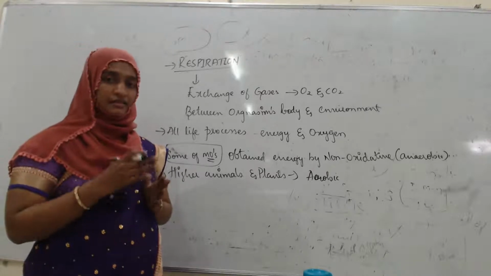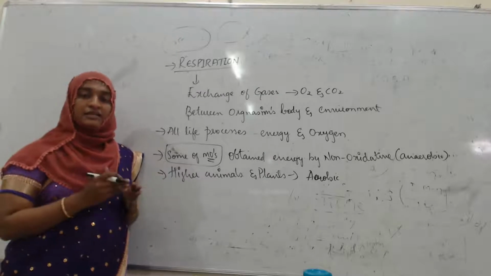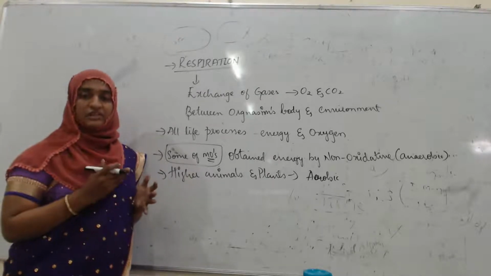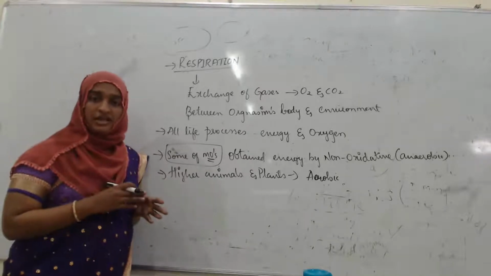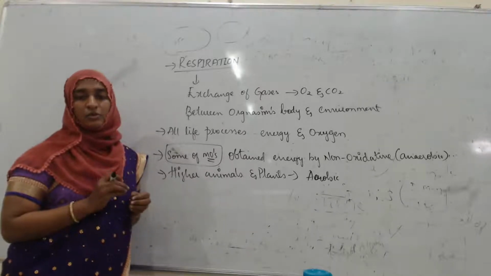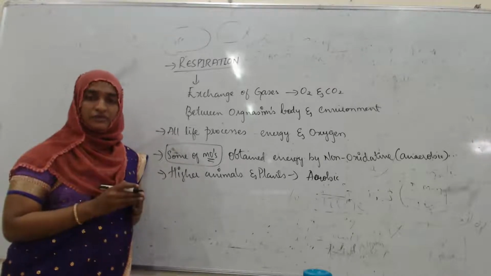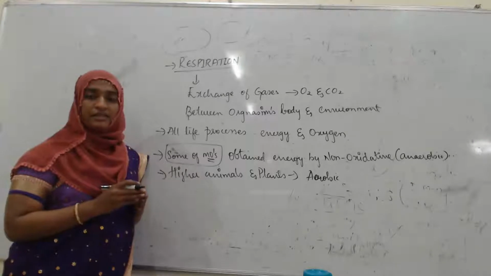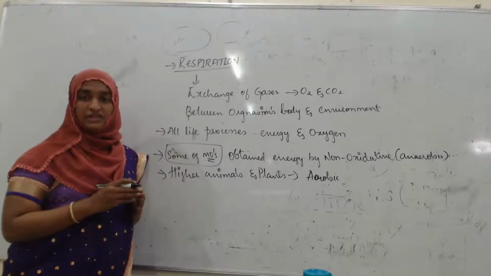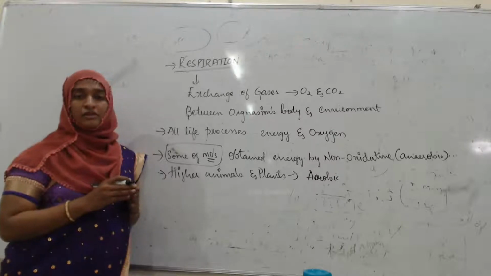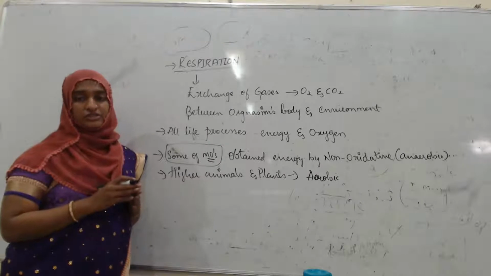But other than that, smaller organisms such as fungi, protists, higher plants, higher animals and smaller animals all require oxygen. If they survive in the presence of oxygen, obtaining energy for performing various functions in the internal body, that process we call aerobic respiration.